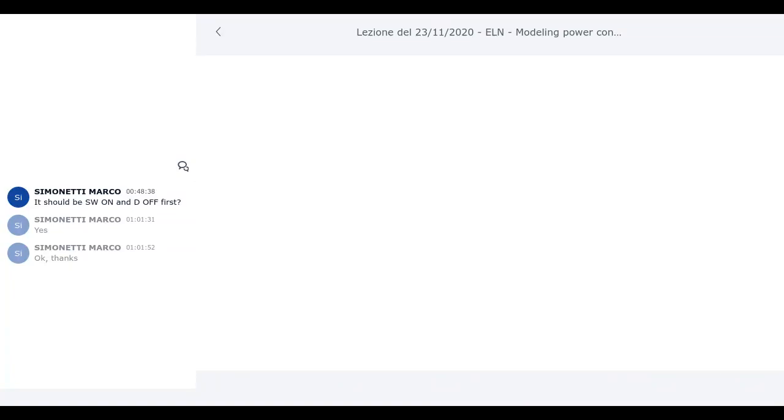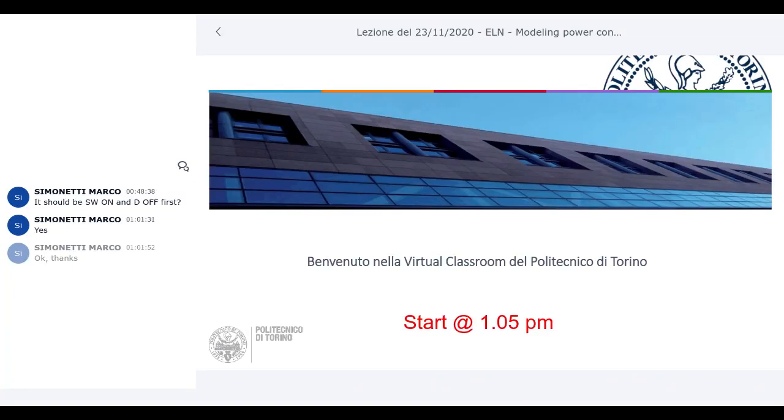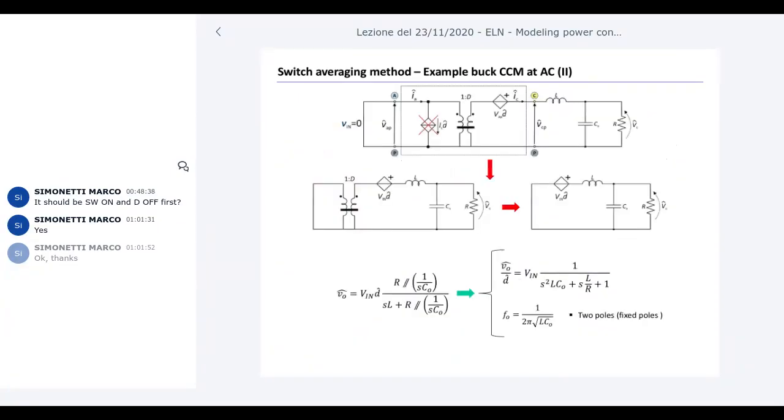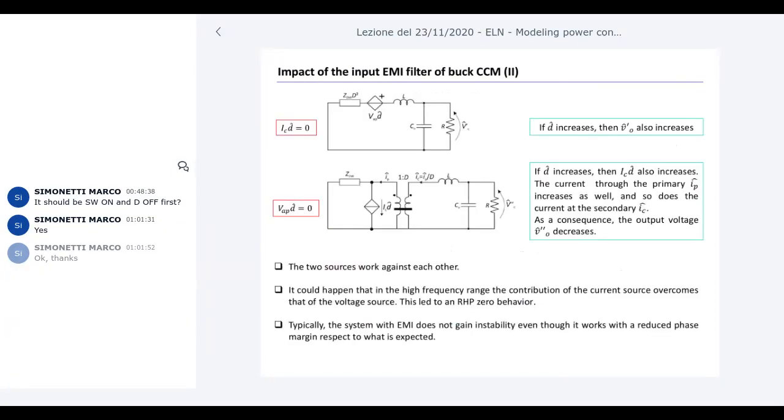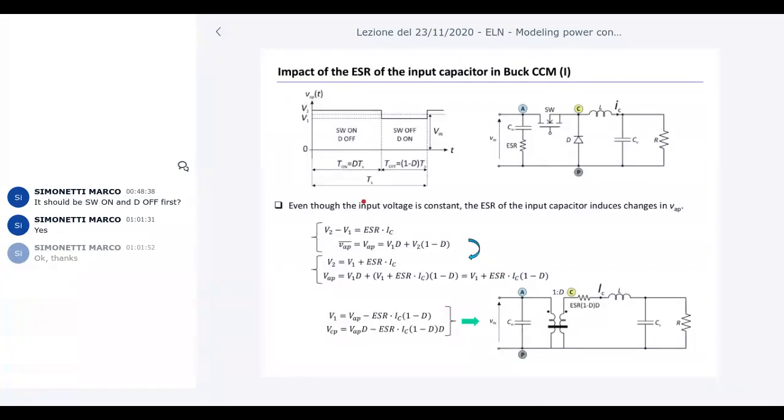You refer to what happens in the slide. Let me check what is in the slide, because maybe the slide is not correct. This is the opposite.